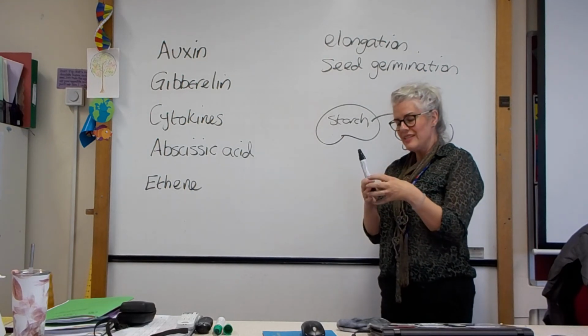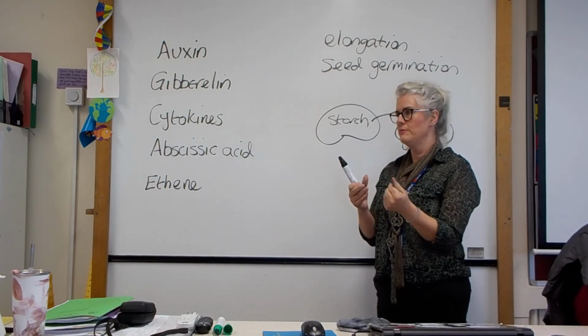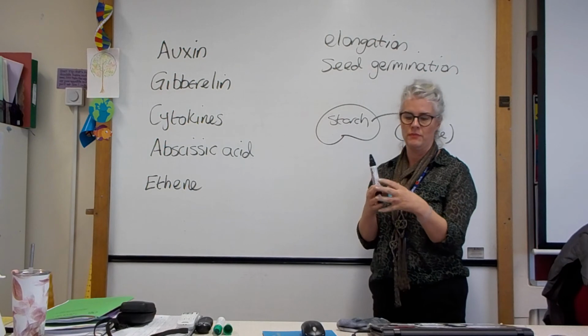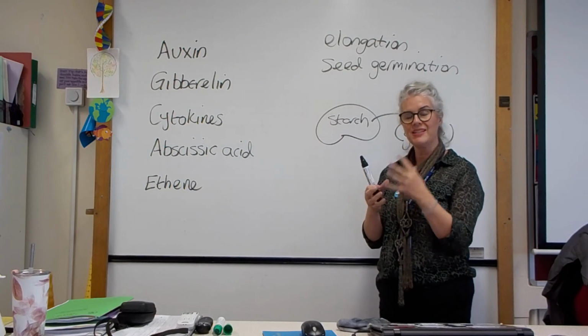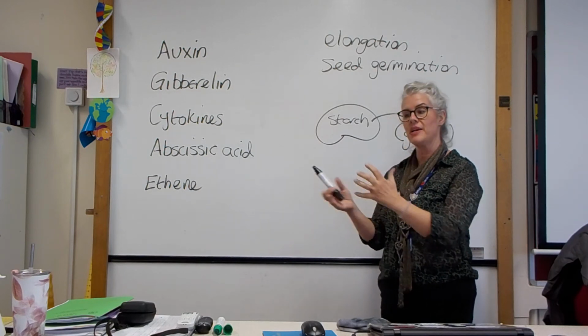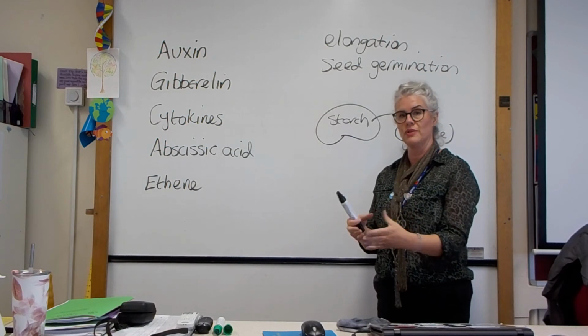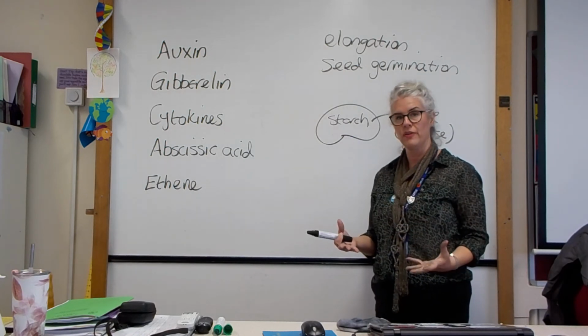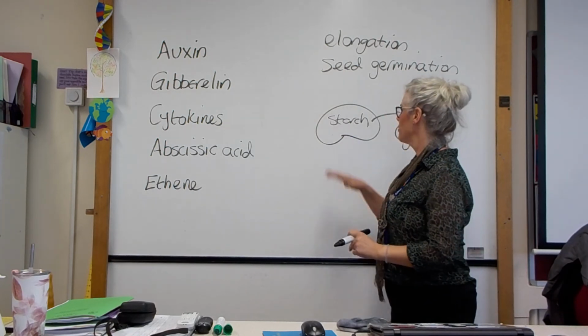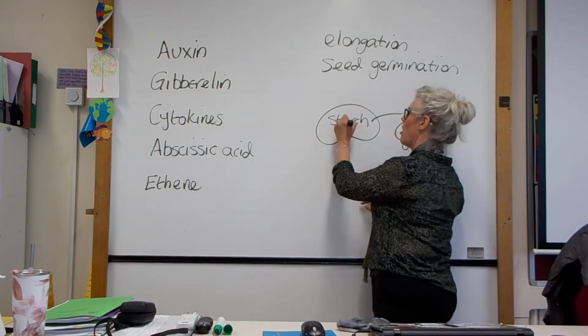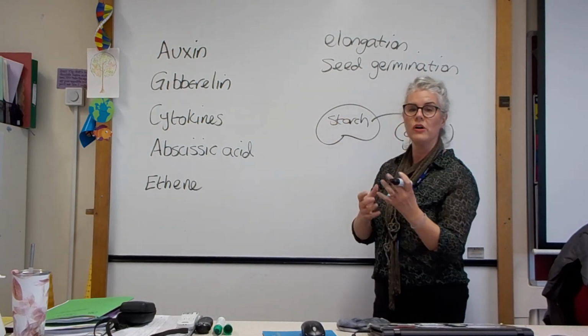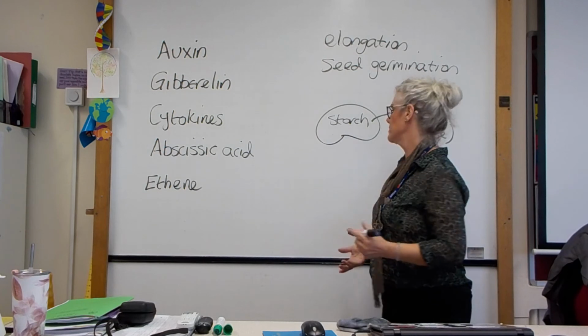Now, your seed is like a little self-contained package. Until that plant has leaves and can photosynthesize to make glucose, it's got to survive on its own. So that is its start place, its store of energy before it gets some leaves.